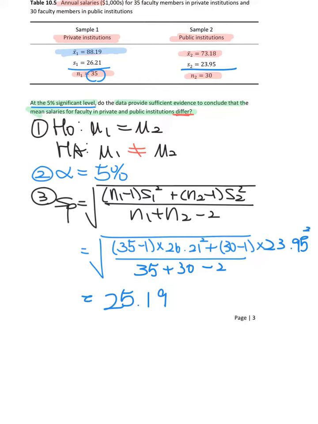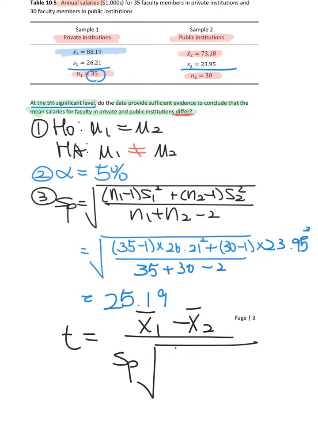Now the t is the mean difference, x1 bar minus x2 bar, and we plug Sp here, and then 1 over n1 plus 1 over n2. Yes, it is a long calculation.